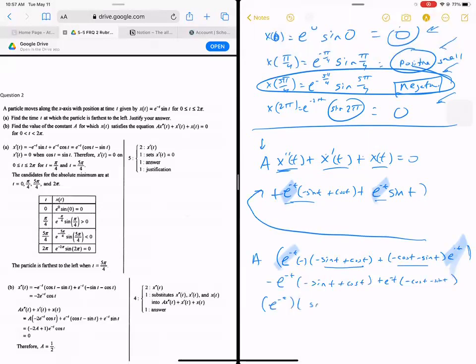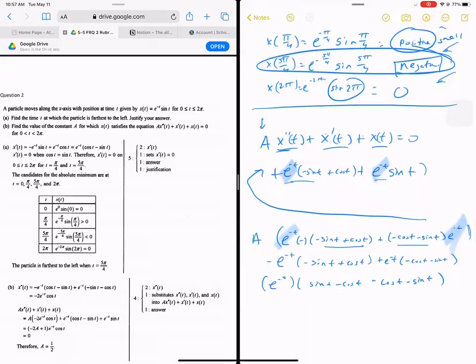And we're left with sine of t minus cosine of t, minus cosine of t minus sine of t. Gives me e to the negative t. These guys become negative 2 cosine t. And then the sine and sine, see how they're different signs? They cancel out. Sorry, sine minus sine.